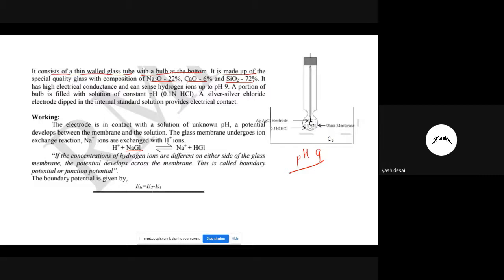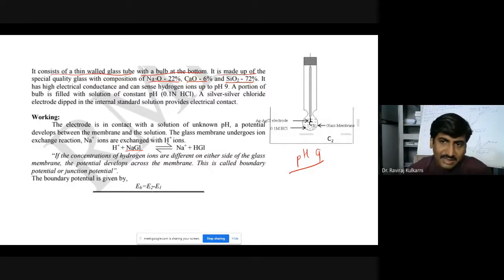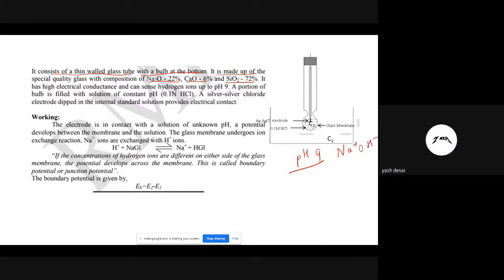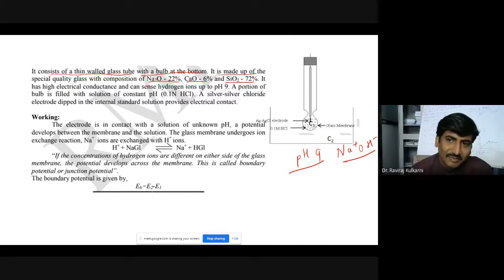Alkaline. In the alkaline pH, what are the ions present? Sodium ions, right? So these sodium ions may interfere with our electrode, because of this exchange reaction that is happening. This exchange reaction is responsible for that sensitivity.